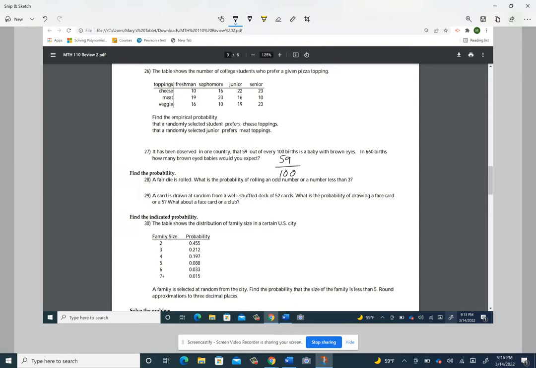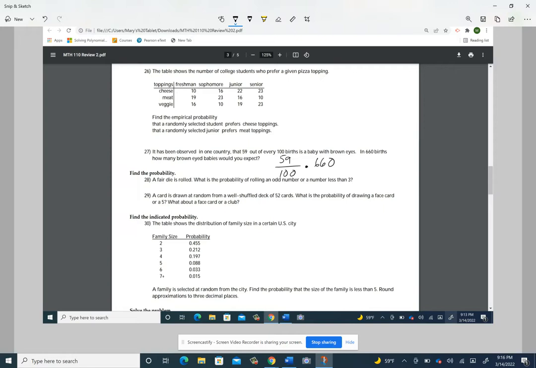So for every 100, you're going to have 59. You've got over 600. So you know for each 100, you're going to have 59. But then you have that extra little 60 you have to figure out. Okay, the simplest way to do it is just to take the probability times the 660, and that'll tell you the expected number of brown-eyed babies.